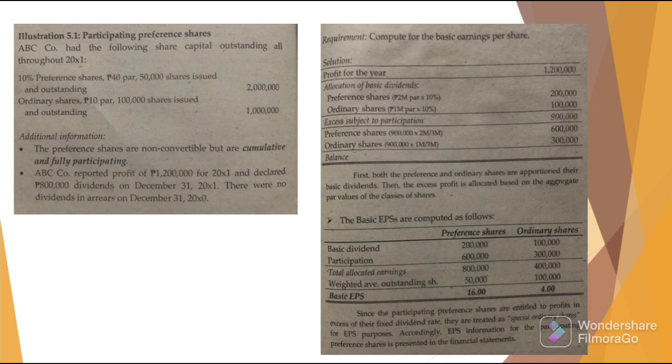That would give 200,000. Tapos yung ordinary shares naman, ang given is 1 million par na nasa problem din, ito times din sa 10%. Tapos, 100,000 yung makukuha natin doon. And then, yung mga nakuha natin for the basic dividends, ima-minus siya doon sa profit for the year. And that would be the excess subject to participation, which is 900,000.